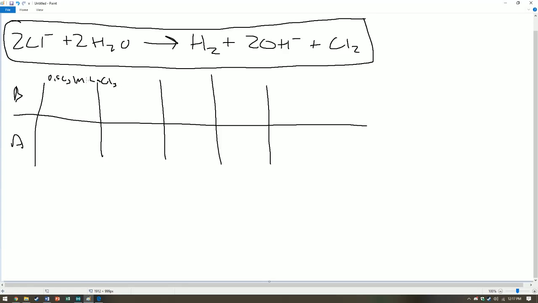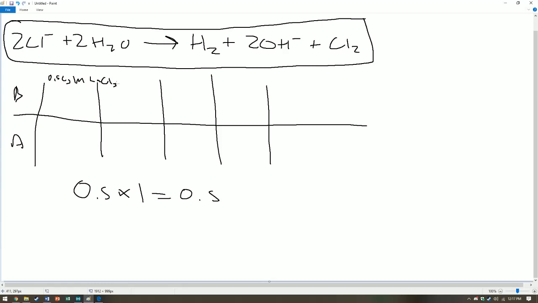Now we need to find the concentration of chlorine ions, right? So in order to find the concentration of chlorine ions, we would know the number of moles, so we would do 0.5 times 1, which is 0.5.